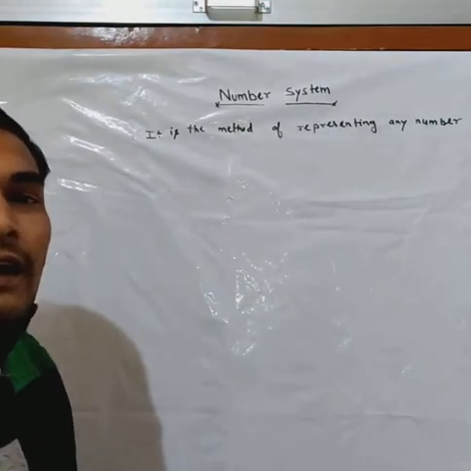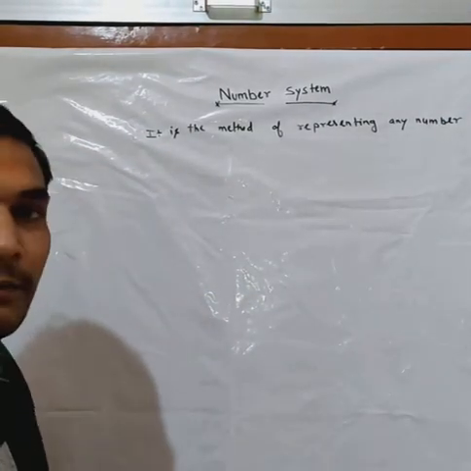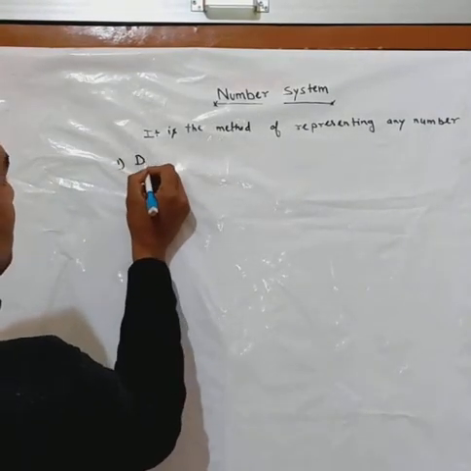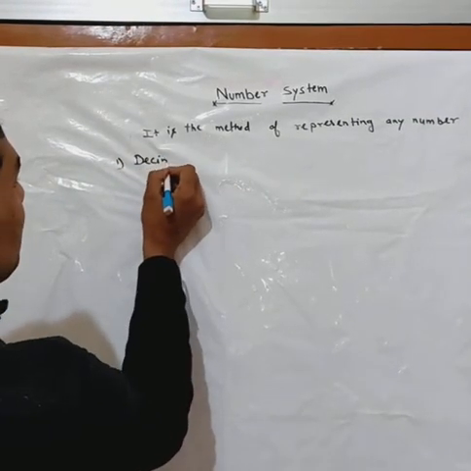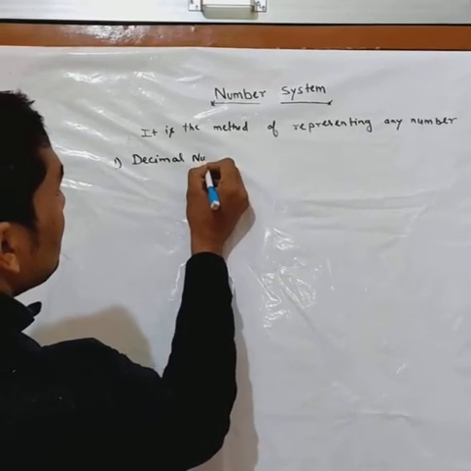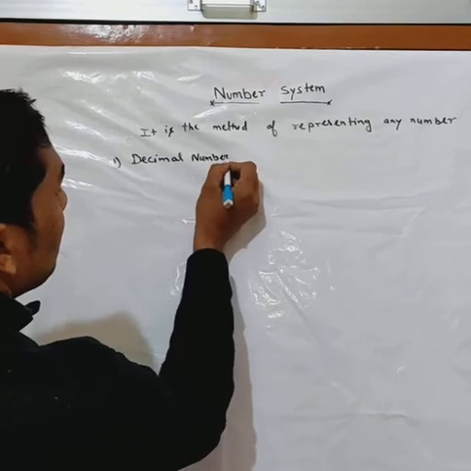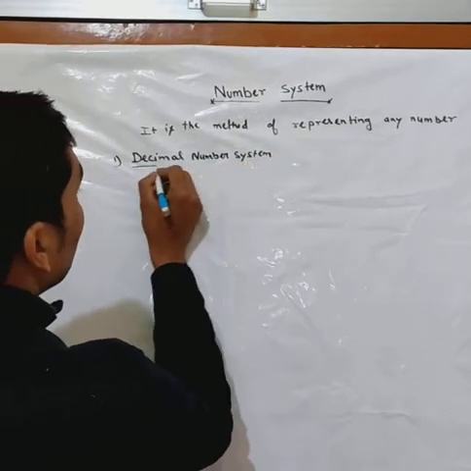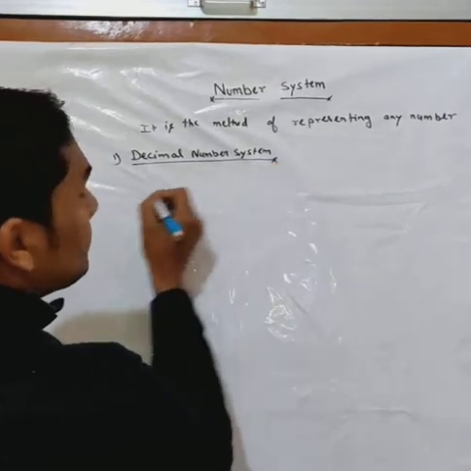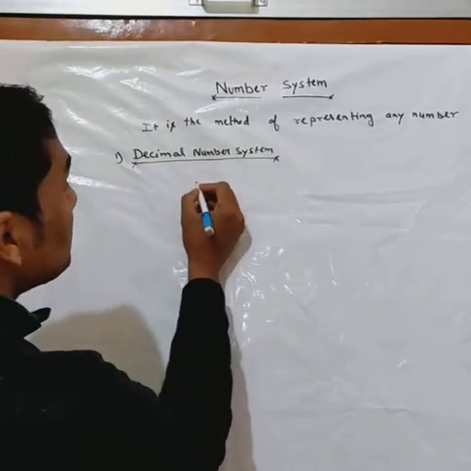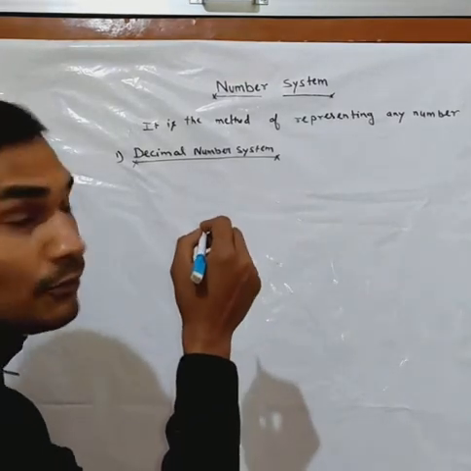Basically, they are of four types. Number one is decimal number system. In this number system, we use the numbers which start from 0 to 9.